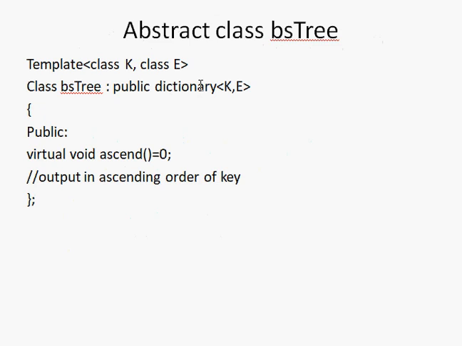So the dictionary whole structure it will pick, and this is going to set the ascend function, which is to sort the elements in ascending order. The key has to be sorted in ascending order, but this is not doing anything since this is an abstract class. Only the ascend method is called, but it doesn't do anything. Okay, so we will stop for a while.